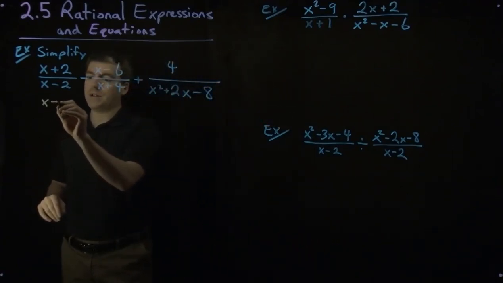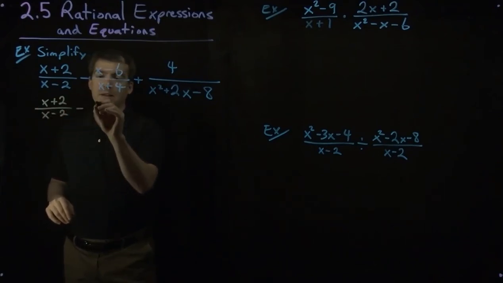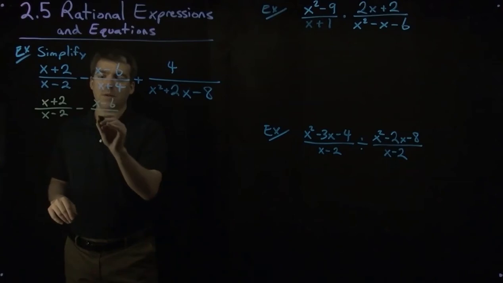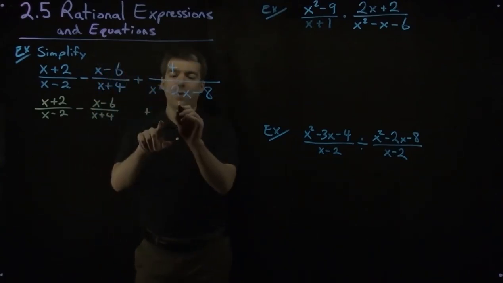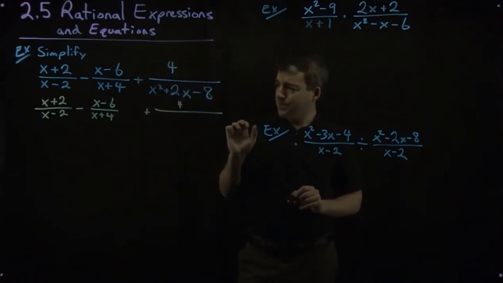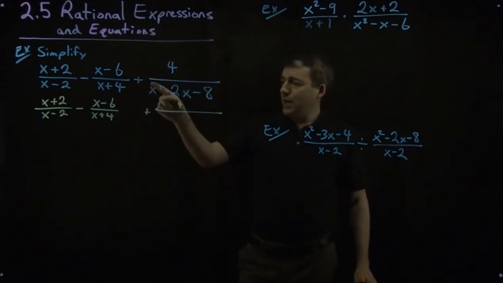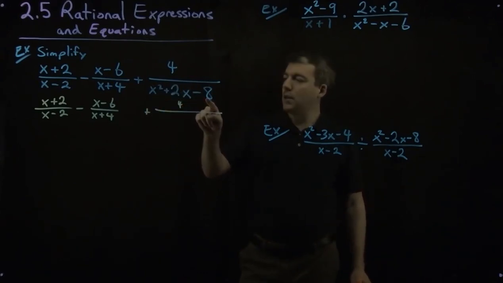So we've got x plus 2 over x minus 2 minus x minus 6 over x plus 4 plus 4 over, and now we'll factor this. So this is a quadratic. See, there's no common factors.